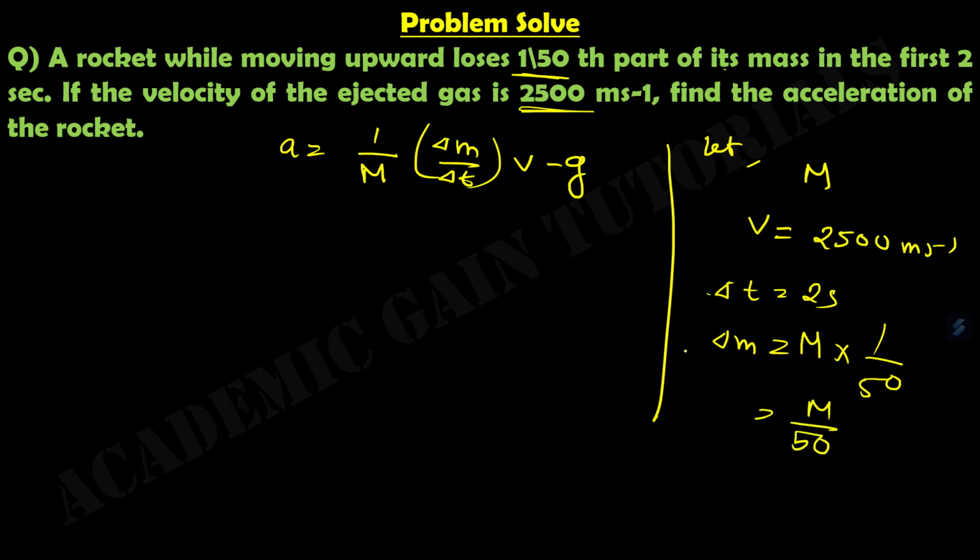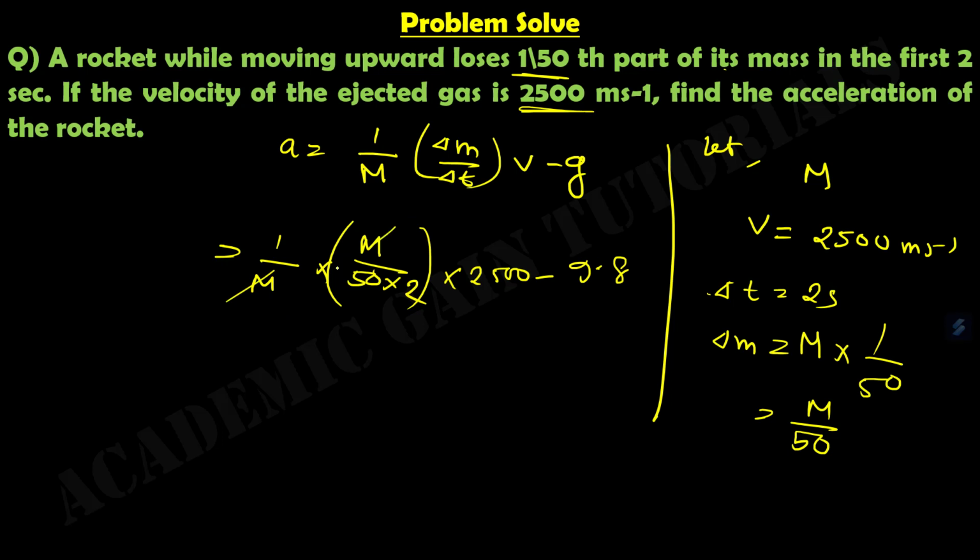Now if we put all these values in, we get 1 by m into del m by del t, where del m equals m by 50 and del t equals 2 seconds, and v equals 2500 meter per second, and g is 9.8 meter per second square.